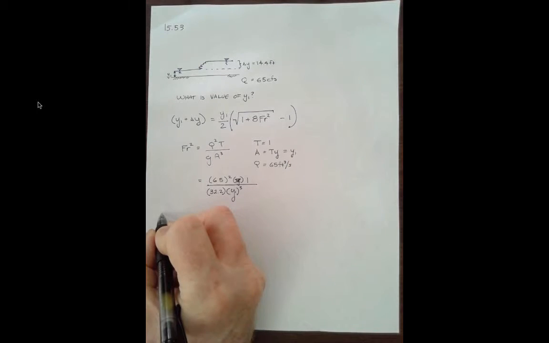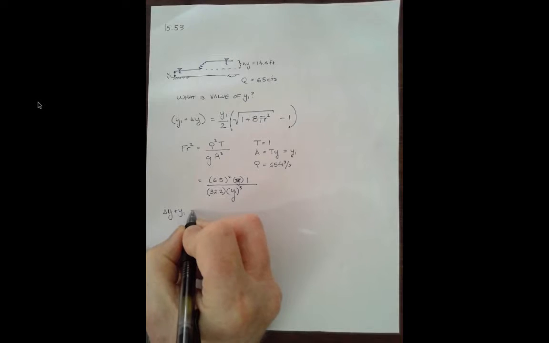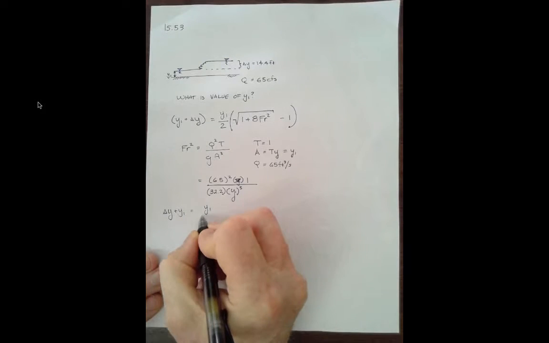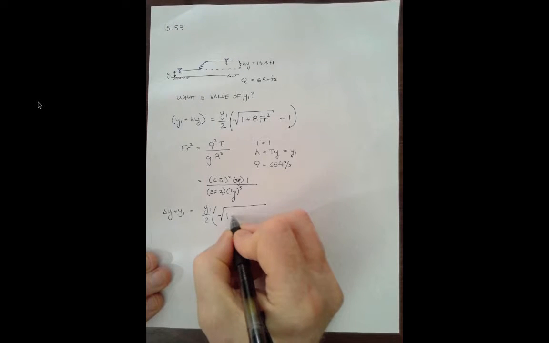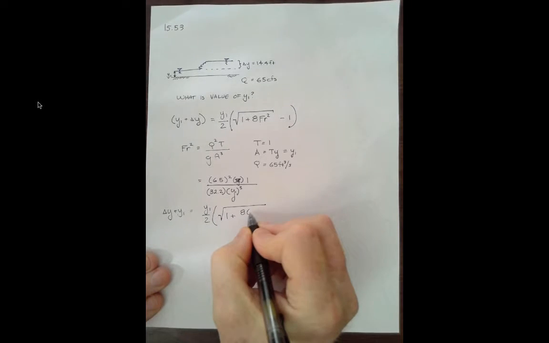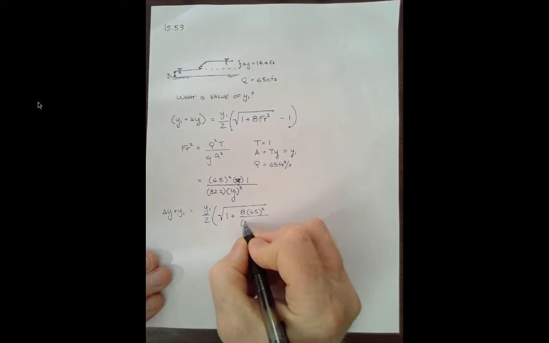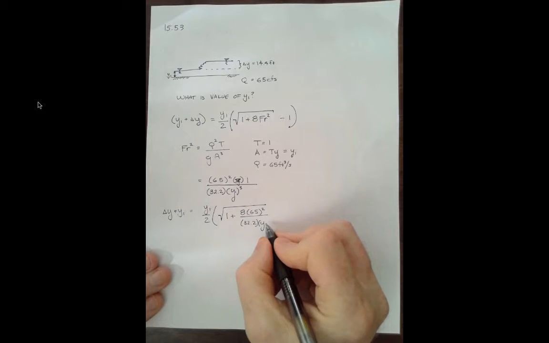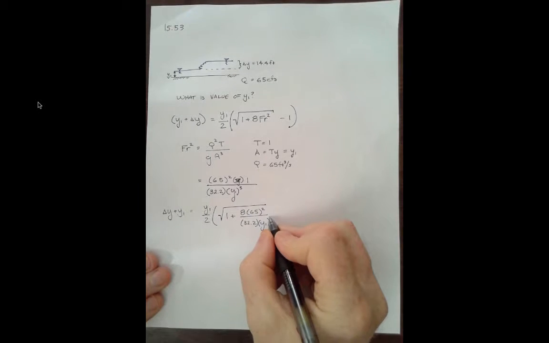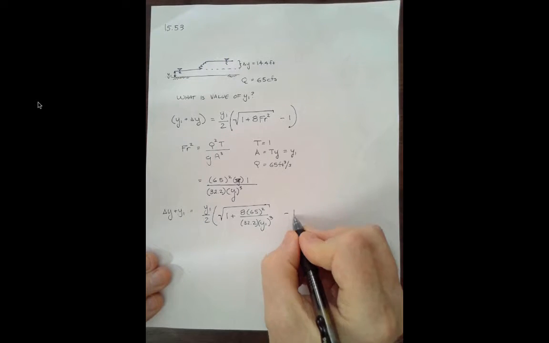So now we return to the equation. Delta y plus y1 is equal to y1 over 2 times the square root of 1 plus 8 times 65 quantity squared divided by 32.2 times y1 cubed, minus 1.